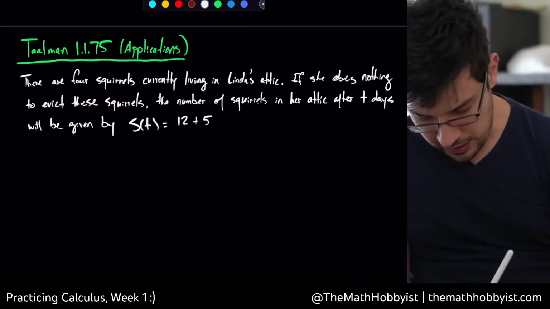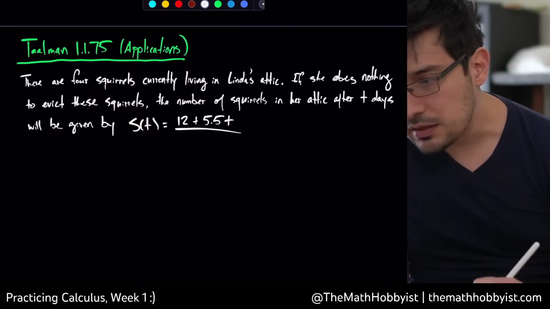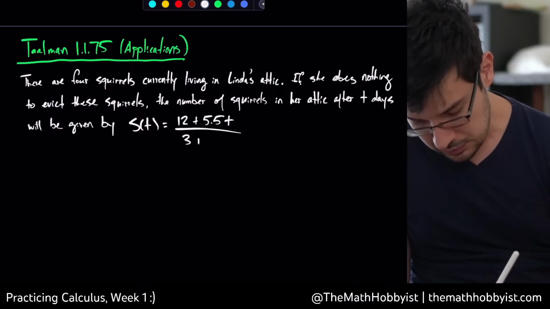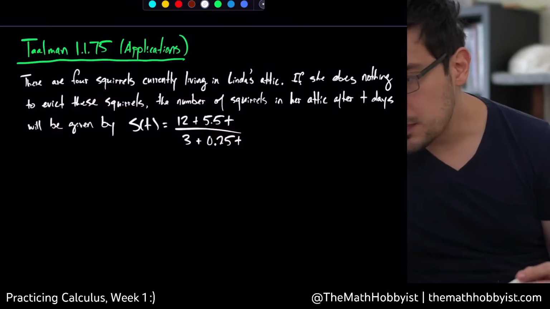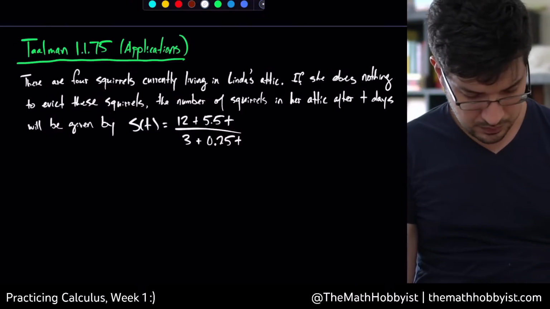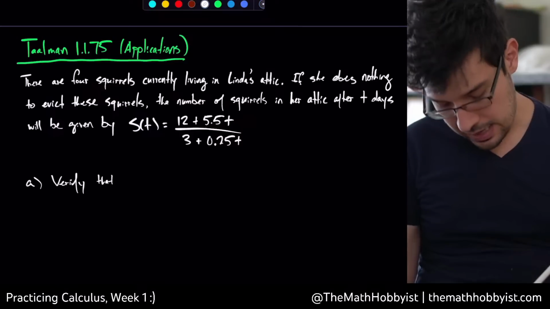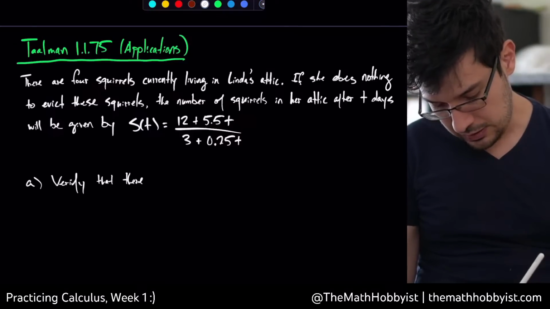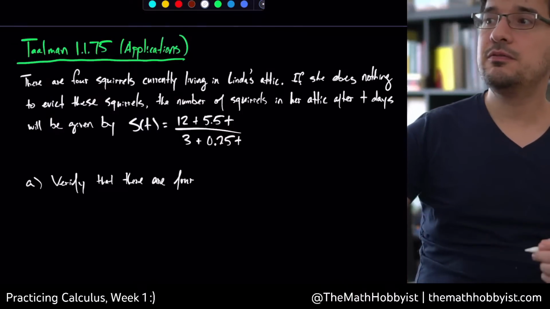12 plus 5.5 t divided by 3 plus 0.25 t. Okay, A, verify that there are 4 squirrels in Linda's attic at time t equals 0.